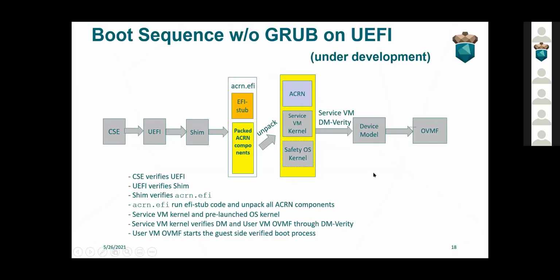Okay, so if customers have concerns about GRUB, or if customers don't want to use GRUB as a bootloader, here's another solution: we can use UEFI stub to replace GRUB.